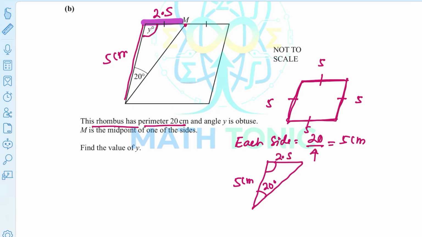Now I think we can use sine rule to find out this angle first. I'm trying to find out this one. Once I find it, you know how to find the third angle of a triangle: subtract from 180. As per the sine rule, we can say angle over length and angle over length.